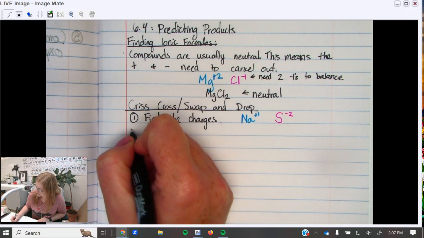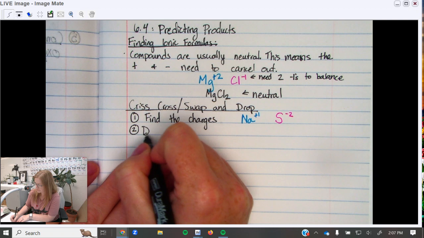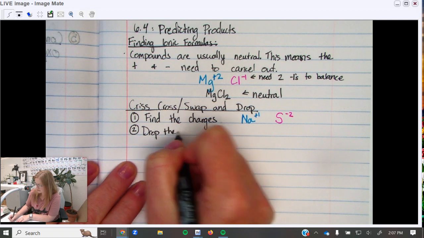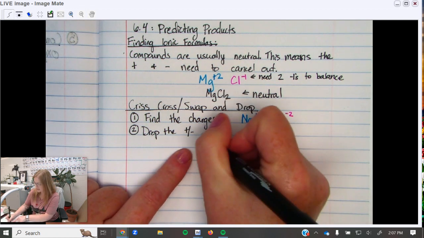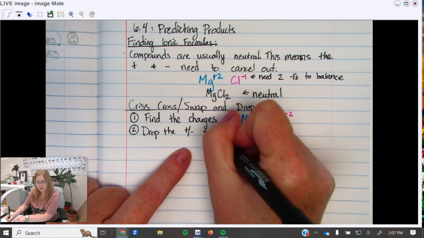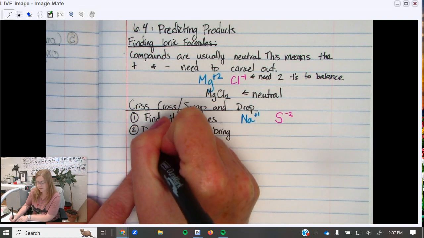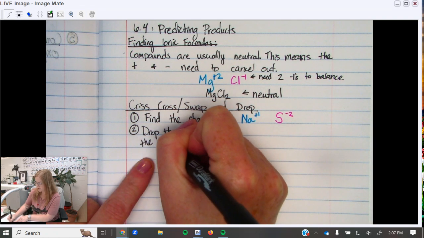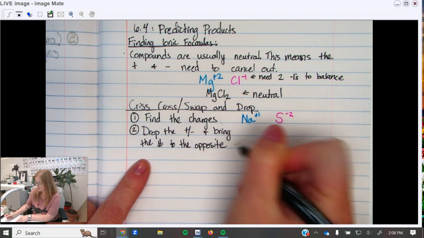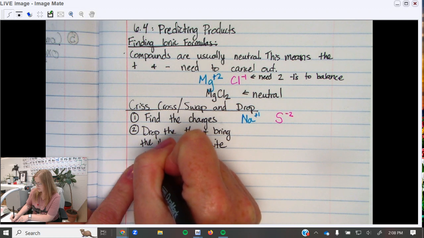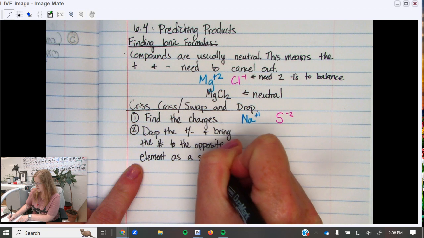Now, my step 2 is that I'm going to drop the plus/minus, so I'm not going to worry about the plus/minus, and bring the number to the opposite element as a subscript.